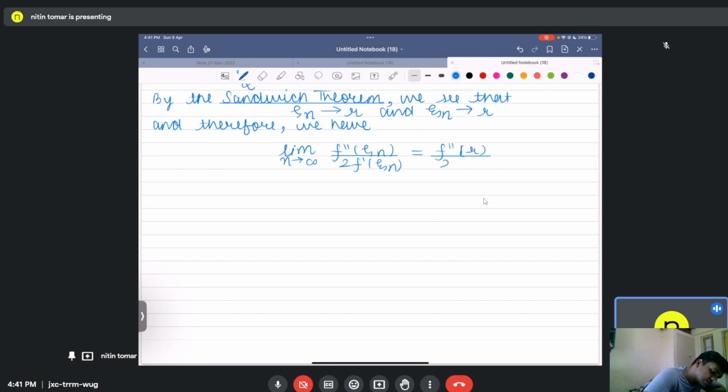Why? Because f is a C2 function. Again and again we are using the continuous twice differentiability of f.